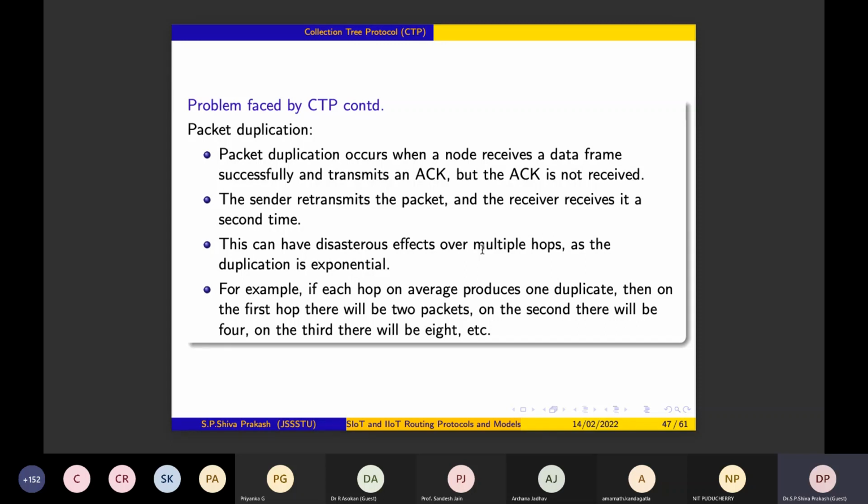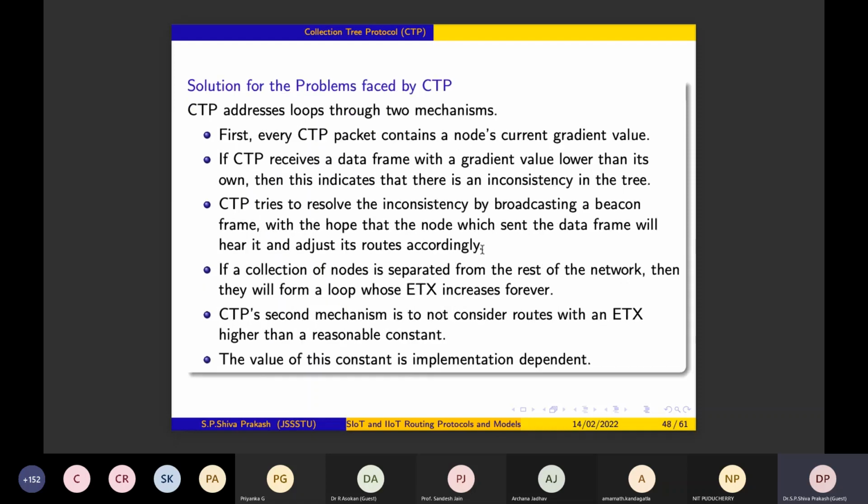For example, if each hop on average produces one duplicate, then on the first hop there will be 2 packets, on the second there will be 4, and on the third 8, and it goes on. So CTP faces packet duplication, and to address this, the enhanced CTP contains certain node gradient values.